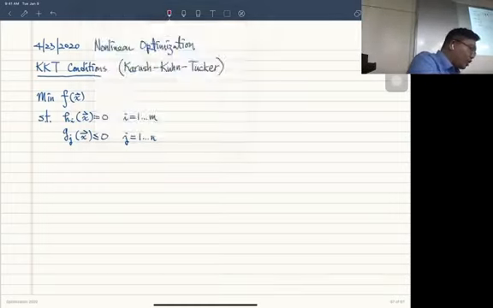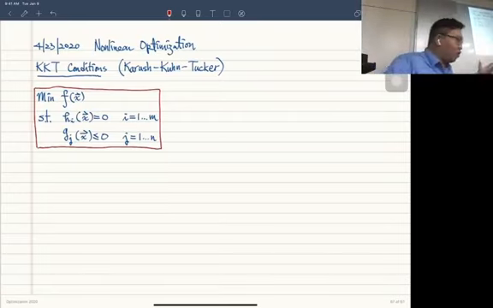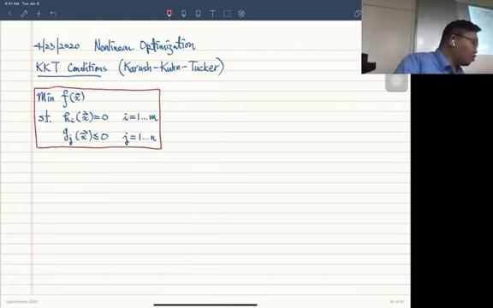Today we wish to talk about the KKT conditions that are able to check a design point, whether the point is an optimal solution for a general problem like this, or maybe it's not. To derive some of the equations from KKT conditions, we need to talk about a reduced problem.